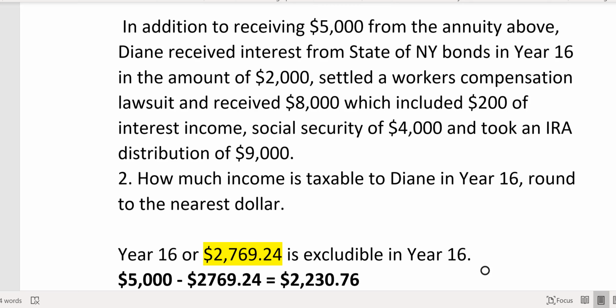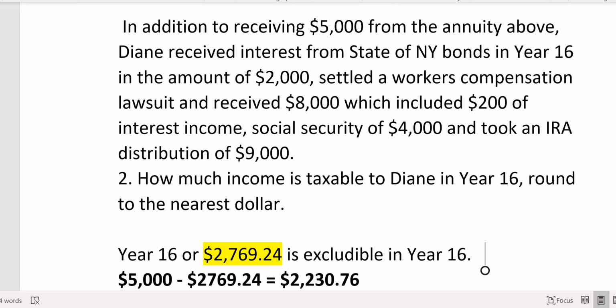So that's probably going to be tax-free, although it says $200 of it was interest income. So $200 will be taxable because interest income on a lawsuit settlement would be included in income even if the lawsuit itself was tax-free. So far, add $200 to what we got from the annuity.